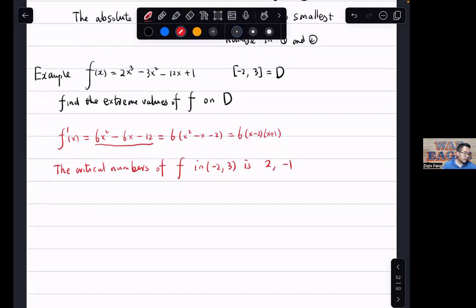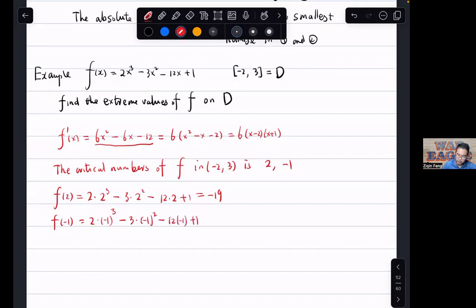Now let's calculate the function value at the critical numbers, f(2) and f(-1). f(2) is 2 times 2^3 minus 3 times 2^2 minus 12 times 2 plus 1, and if you do the calculation, this is -19. f(-1) is 2 times (-1)^3 minus 3 times (-1)^2 minus 12 times (-1) plus 1, which simplifies to 8.